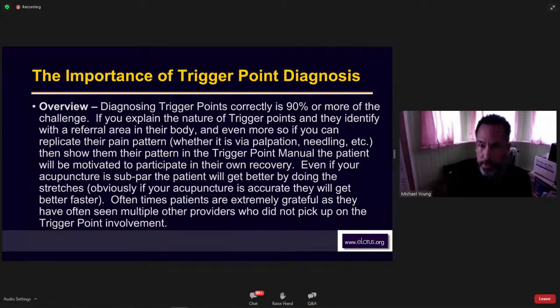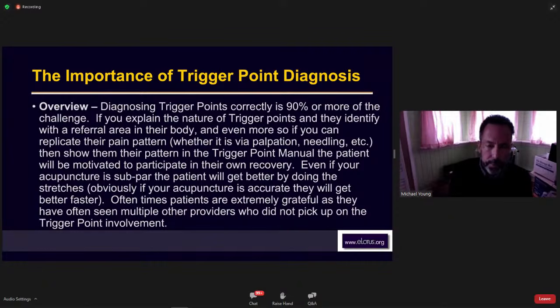Overview. Diagnosing, in my opinion, is probably 90% or more of the challenge. You explain the nature of trigger points, which we'll go over, and they identify with a referral area. You can show them the book and they say, oh, that's my pain pattern. Patients really appreciate that somebody actually listens to them and finds their pain pattern.